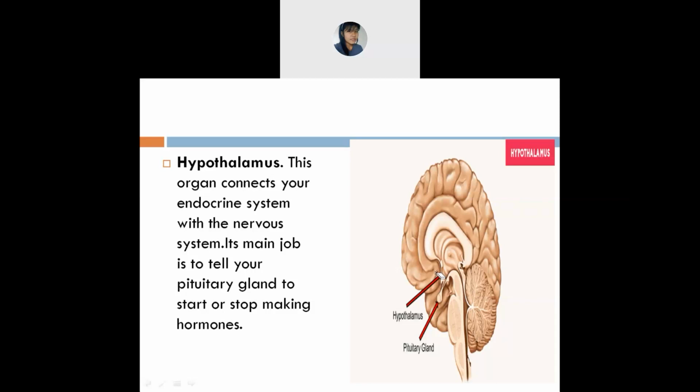All the work whatever the other glands are supplying, whether everything is in balance or not, the hypothalamus helps you in doing all those things. Is it clear about the hypothalamus? Yes, ma'am. Okay.